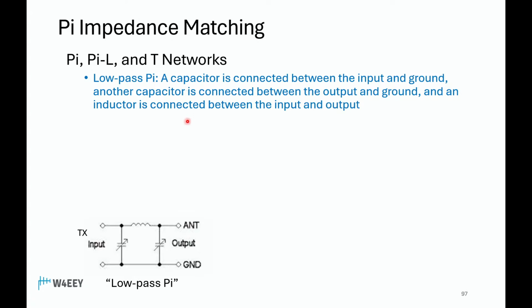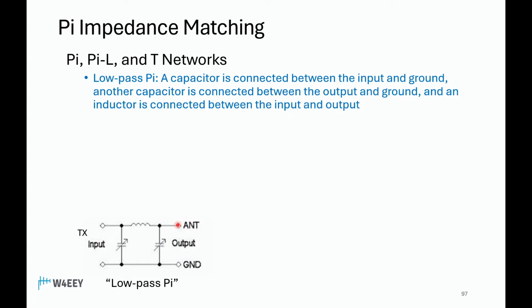So I'll read it and then come back to it. A capacitor is connected between the input and ground, right. Another capacitor is connected between the output and ground, that's this one, and an inductor is connected between the input and the output. So my recommendation is find the series element first, okay?